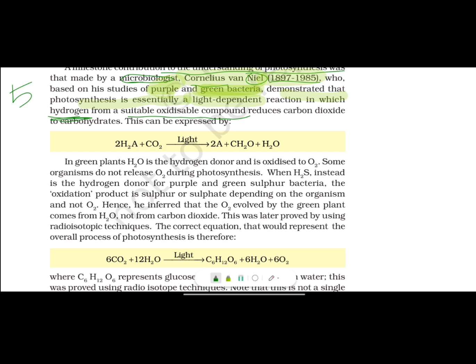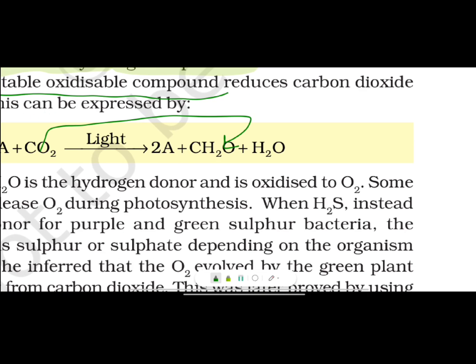So very important: CO2 to carbohydrates, whether it is reduced or oxidized. They can ask you that CO2 gets oxidized to carbohydrates or reduced to carbohydrates. They can give this in a statement form. So this is reduction.